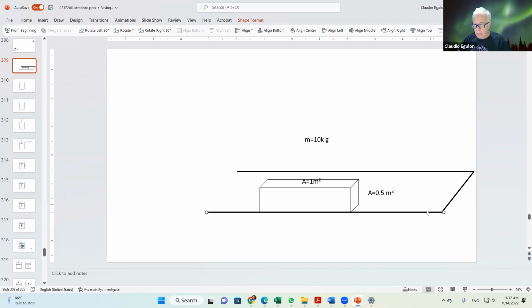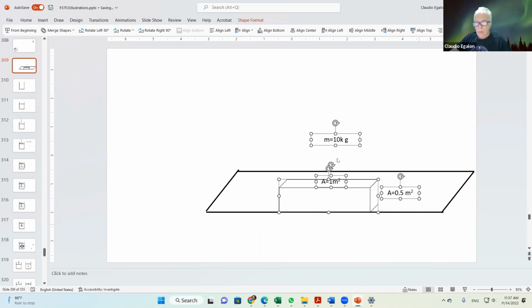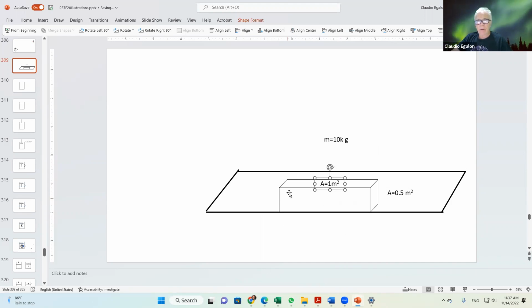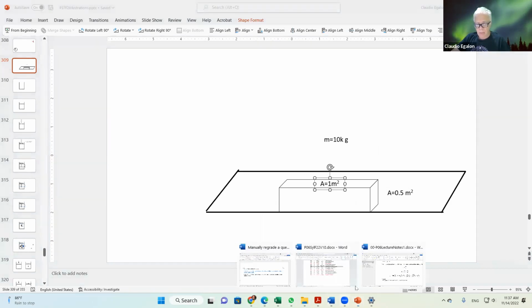Here you go. That's the surface. The question is, what's going to be the pressure that this block exerts over this surface? Well, we gotta use the definition of pressure.